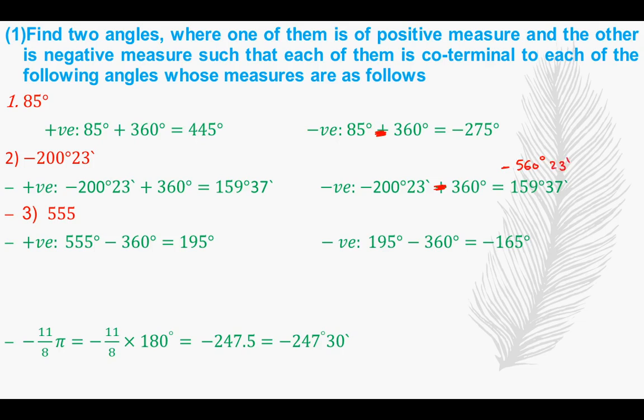If you try to add another 360, it will be again negative 200 degrees and 23 minutes.